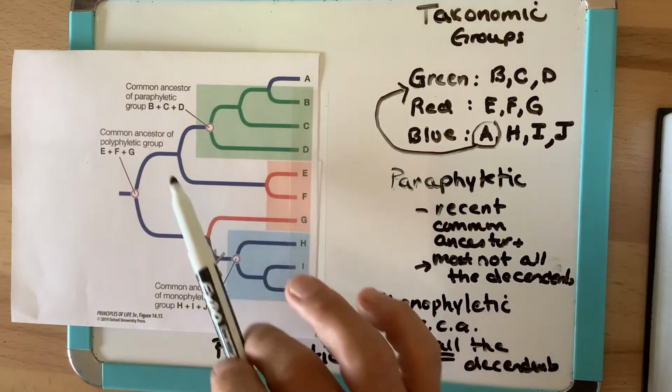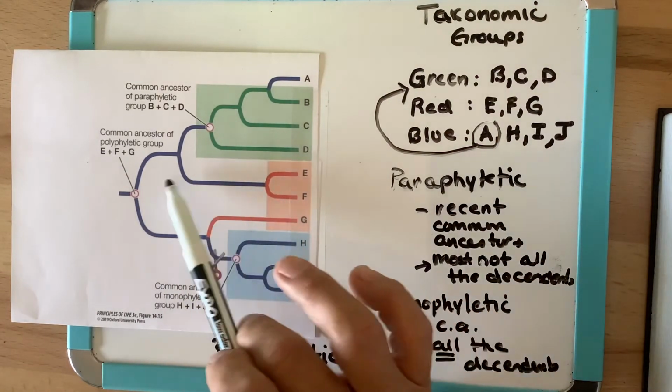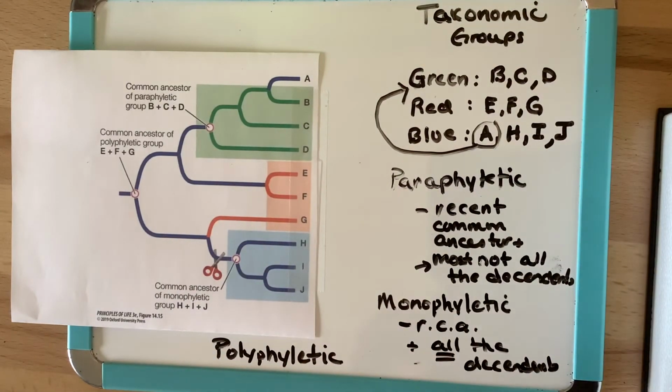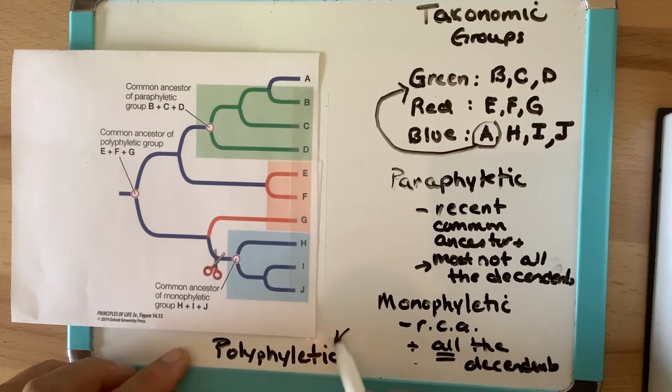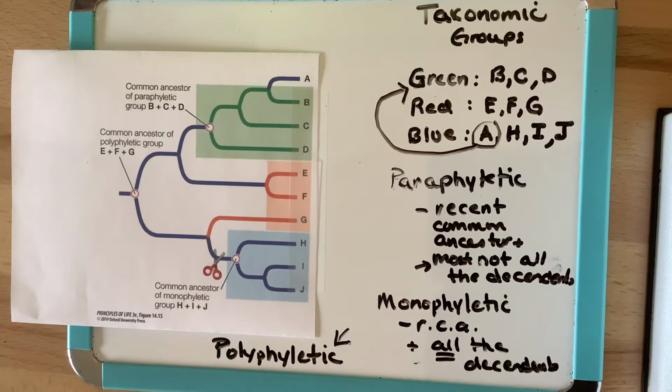And there is no recent common ancestor that they share between them. That is what polyphyletic refers to. And when a taxonomic group is determined from a phylogeny to be polyphyletic, well, that's a little bit more problematic. It suggests that that particular group requires major revision.